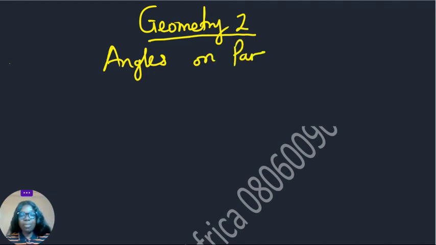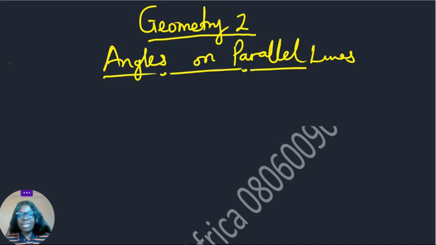Angles on parallel lines. Now, what are parallel lines? Parallel lines are lines that move in the same direction and they don't meet. They are straight lines that move in the same direction and they don't meet. Now look at parallel lines.